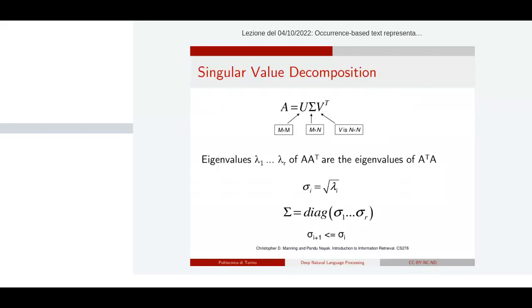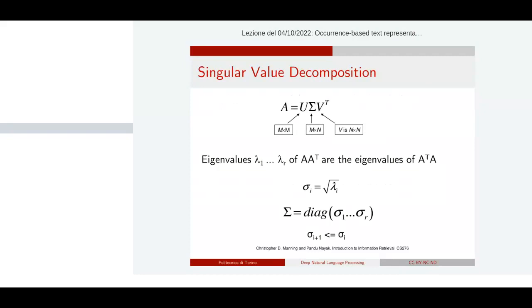The diagonal matrix is sigma, where those values will indicate the relevance of a given topic. We will come up with a reduced version of this decomposition, which will tell you, okay, we have a topic which has a relevance equal to that specific value sigma.